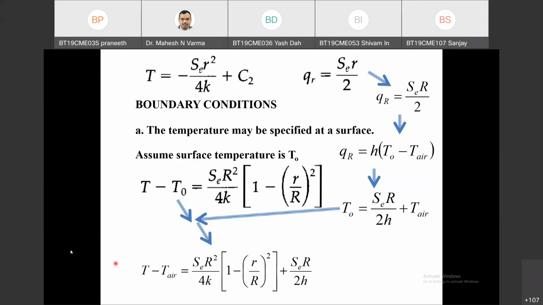Anybody not getting this? Here roll number 37, Vignesh. Did you get this temperature profile? Yes, sir. Have you solved that? Can you show me on camera? Sir, one minute, sir, turning on the video.